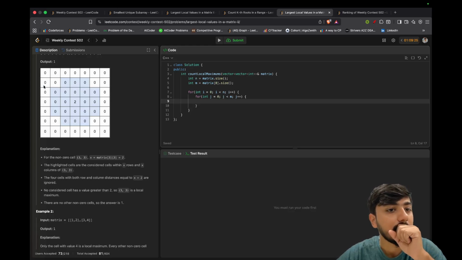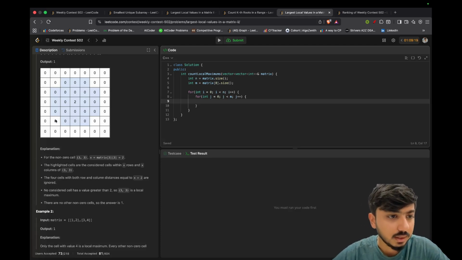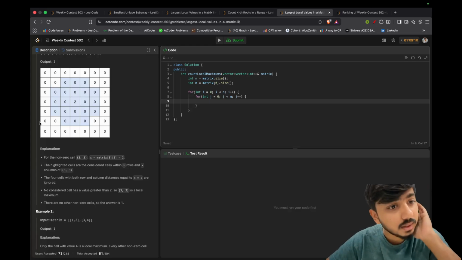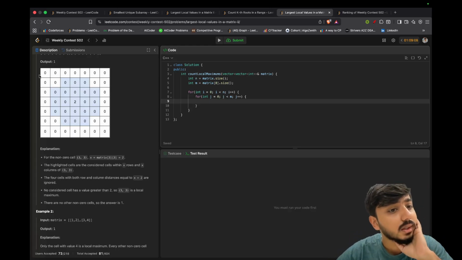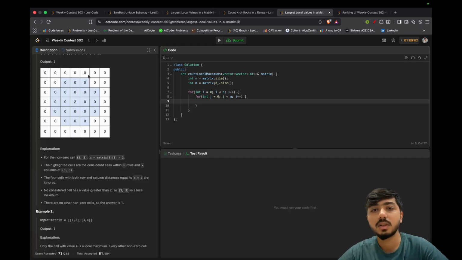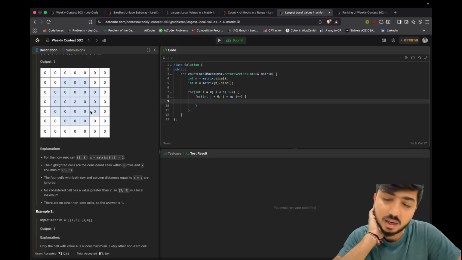So let's say this element. Subtract this, subtract this, subtract this. Let's think. Let me think.